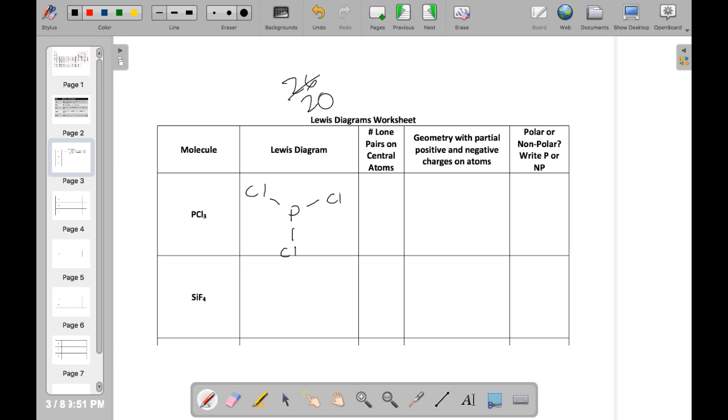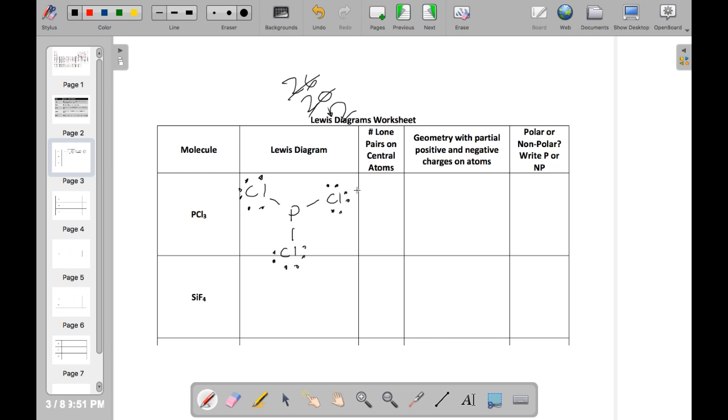I'm down to 20. Now I'm just going to put electrons around these outer atoms. 1, 2, 3, 4, 5, 6, 7, 8, 9, 10, 11, 12, 13, 14, 15, 16, 17, 18. So I'm down to 2. I got 2 left.